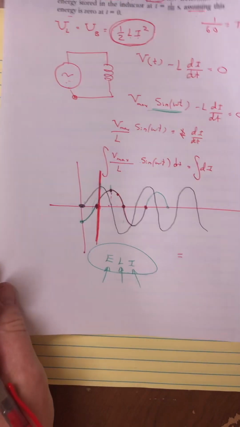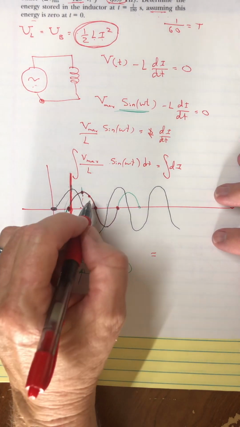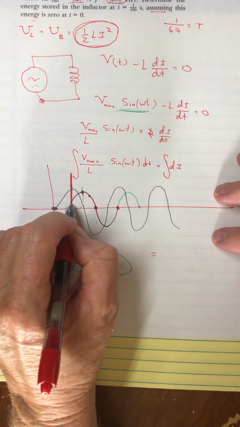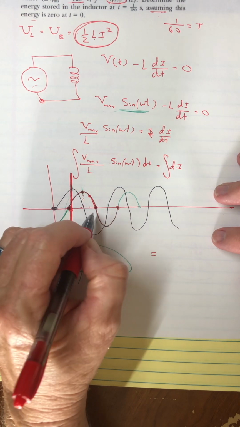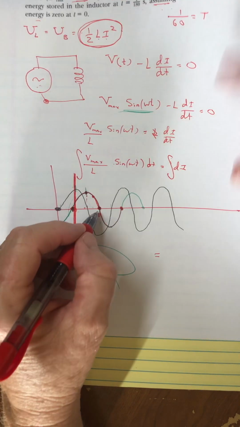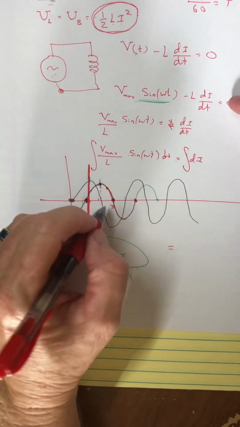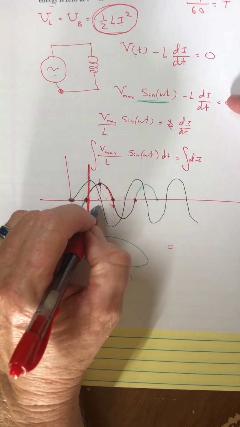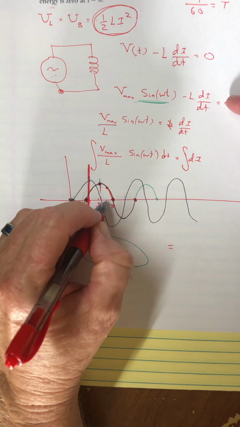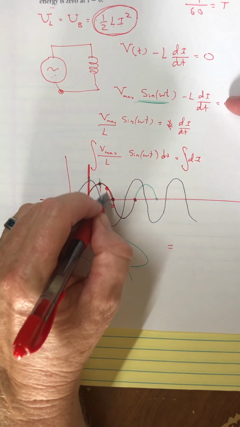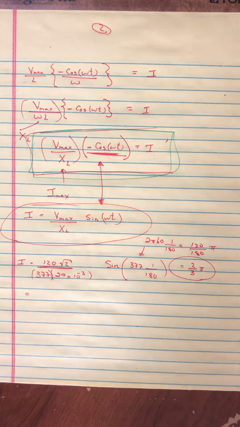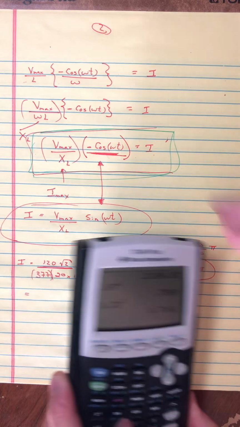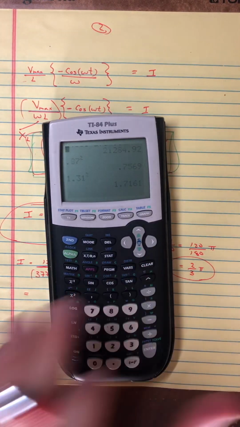And that brings me back to this little picture here, because looking at this green one, this would be pi. And so we're not quite that far, but we would be past the maximum, which is pi over 2, and we'd be right there, 2/3 of a pi. Okay? So if I take that 2/3 of a pi, let's see what I get here.